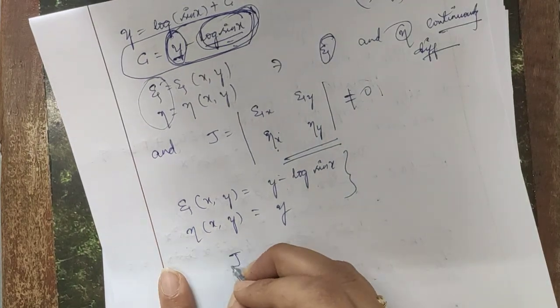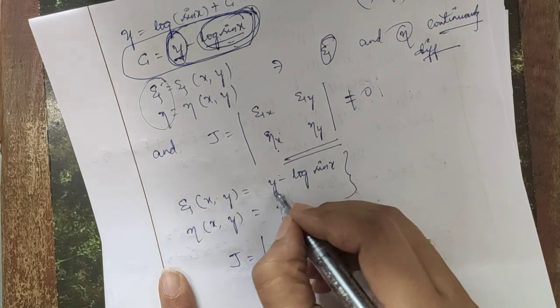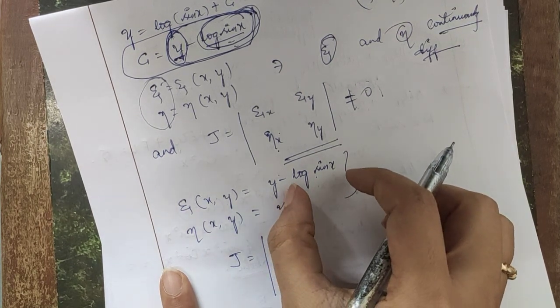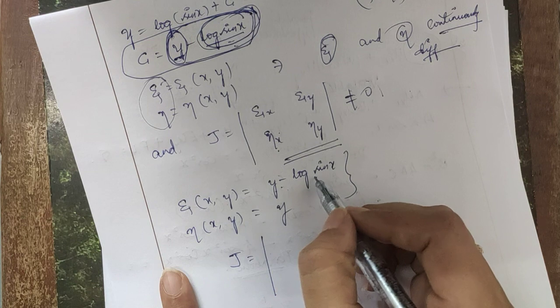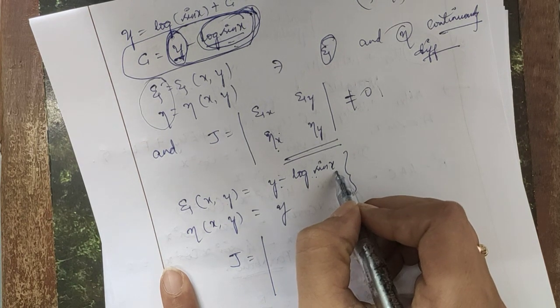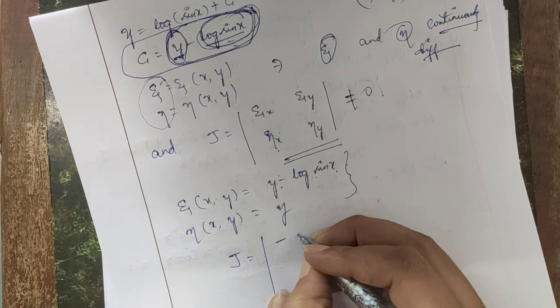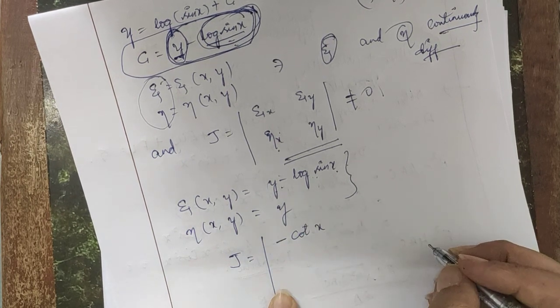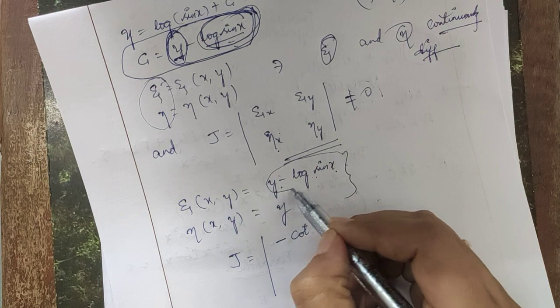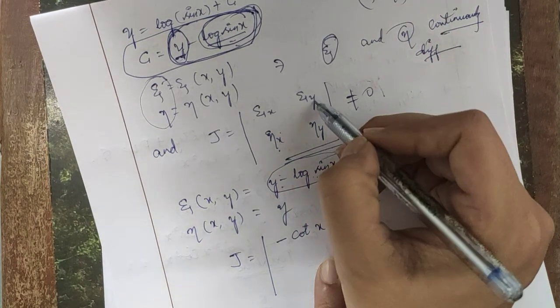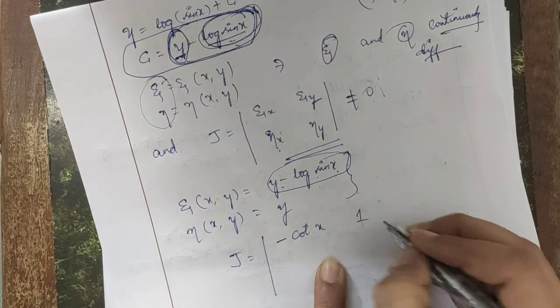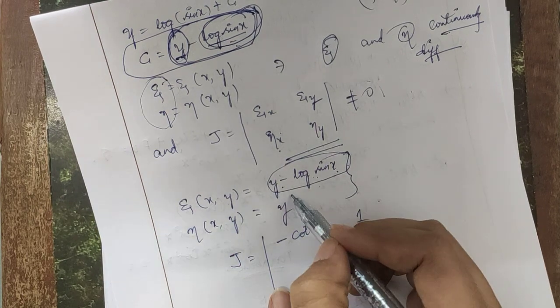Okay. So J is equal to y minus log sin x. I have to differentiate this. What is the differentiation of y minus log sin x with respect to x? Y will become 0, minus log sin x gives you minus cot x. Okay, so differentiation of y minus log sin x with respect to y is 1, and eta is y.